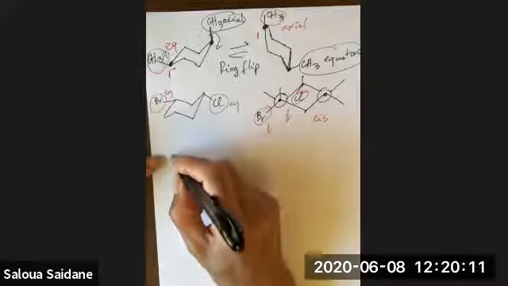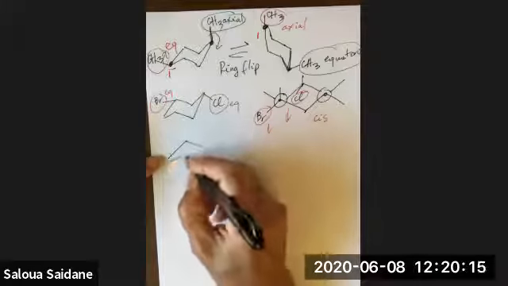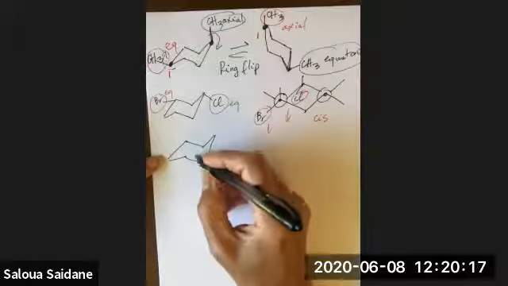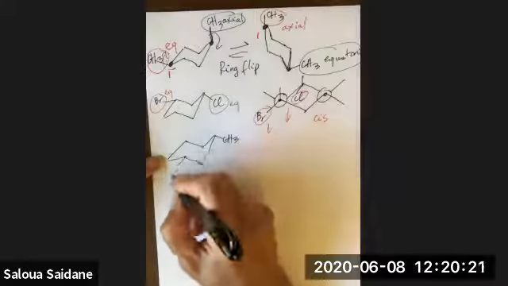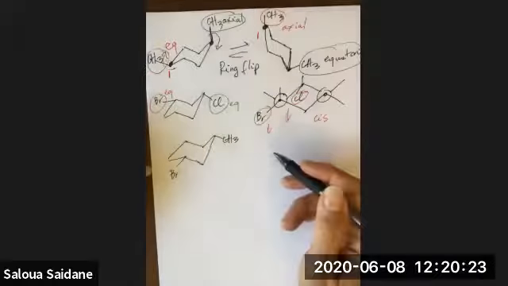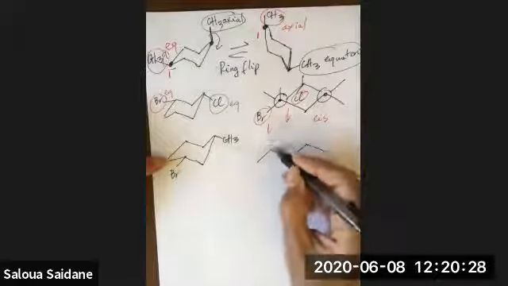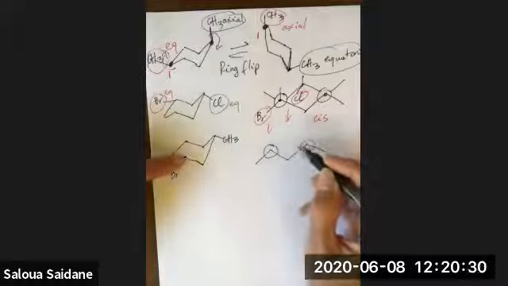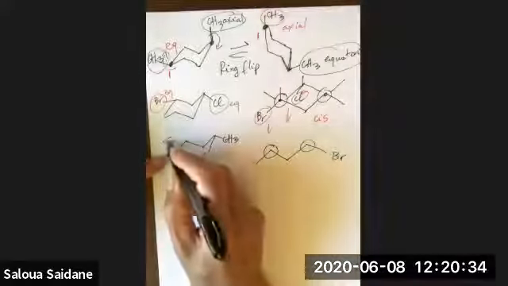Now, if I put this structure, you have a CH3 here, and you have a Br here. Is this a cis or trans? Well, we can also represent it in the Newman projection. This bromine is now on the right because I'm watching this way.